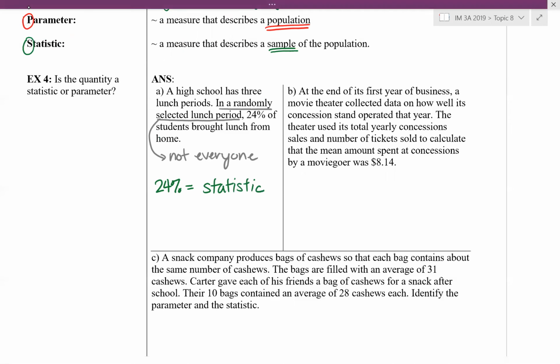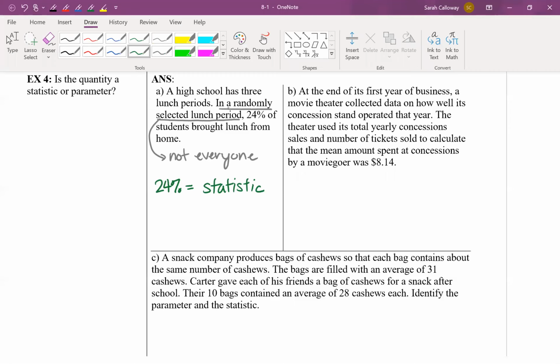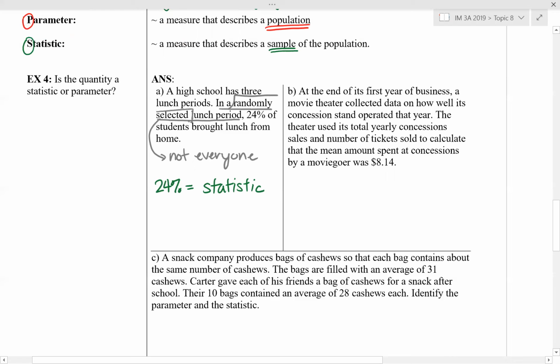And so as soon as you see those words randomly selected, that means that we are talking about a sample, okay? And so that means that this number is a statistic. Okay, so when you see those words randomly selected, we're discussing a sample. At the end of its first year of business, a movie theater collected data on how well its concession stand operated that year.